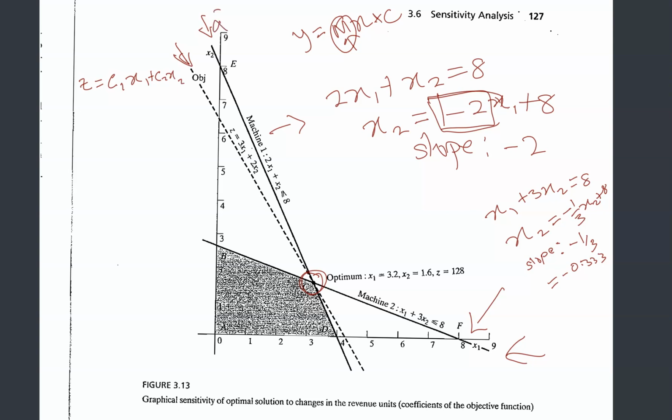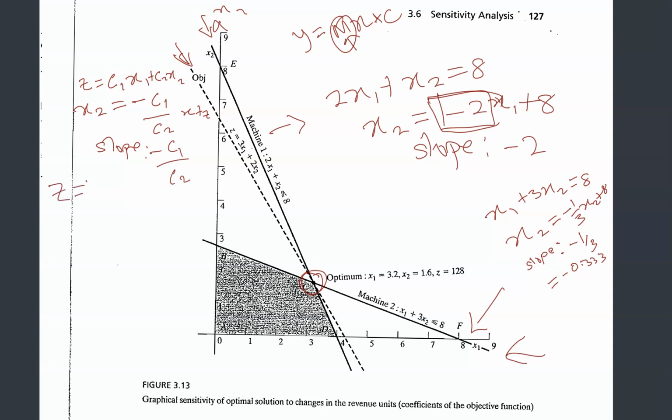Writing it in terms of x2, we have x2 equals minus c1 over c2 x1 plus z. So the slope here is minus c1 over c2.